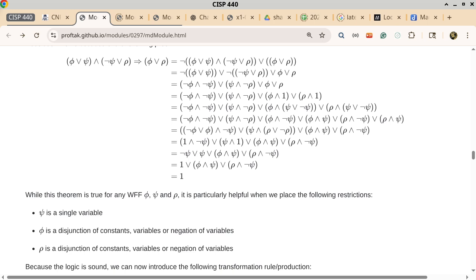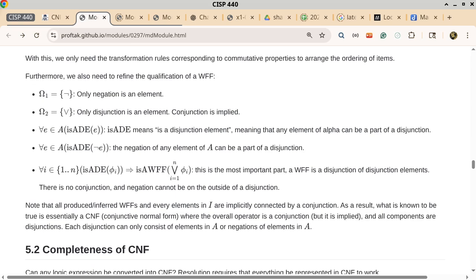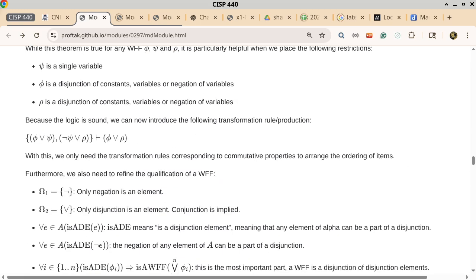Because this conjunction never has to be explicit. Okay. So if every well-formed formula is in the form of a disjunction, then we only need one rule, which is the one that we just looked at here. This is the only one rule that we need. And then we can just go like, okay, so we are just looking at two expressions.